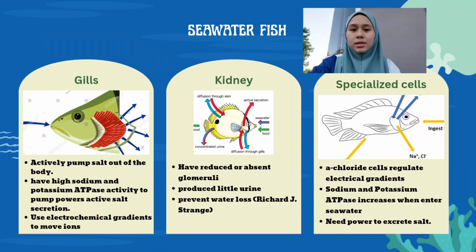Now, let's see how the organs work in seawater fish. The gills of seawater fish actively pump salt out of the body. They have a high sodium and potassium ATPase activity to power active salt secretion. The gills also use electrochemical gradients to move ions.